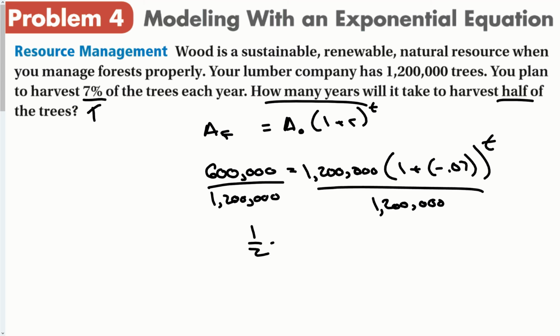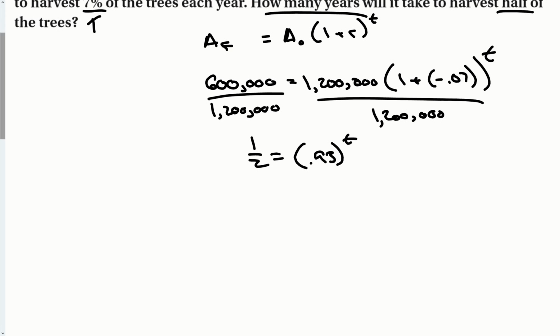So this is 1/2 is equal to, let's simplify this. That gives me 0.93 to the t power. Unfortunately, I don't really think there's a good way to turn 1/2 and 0.93 into the same base. So take the logarithm of both sides.